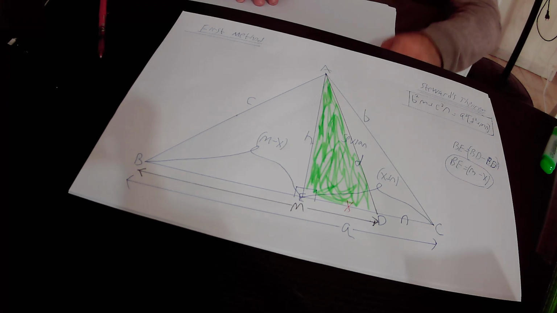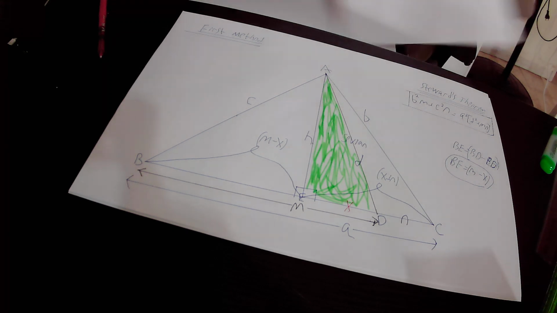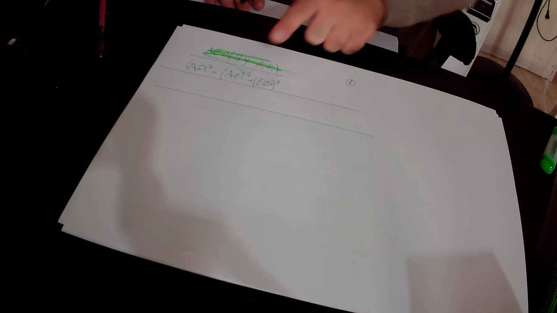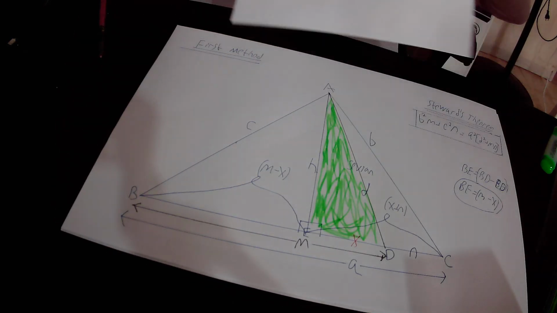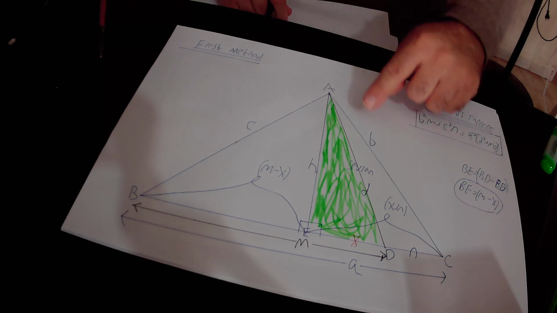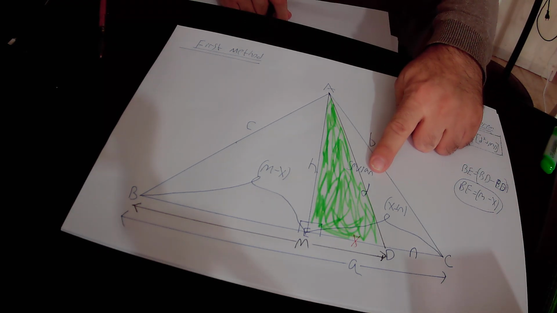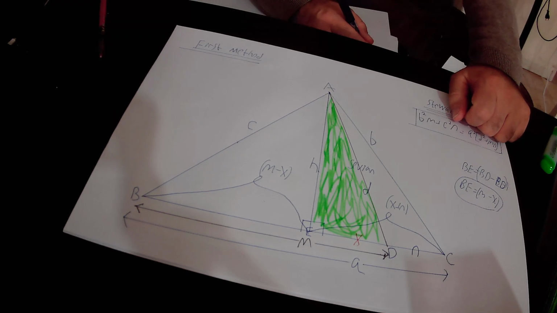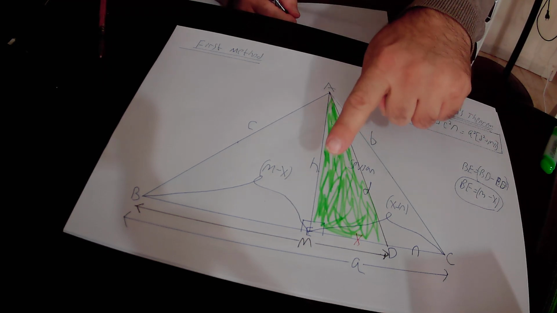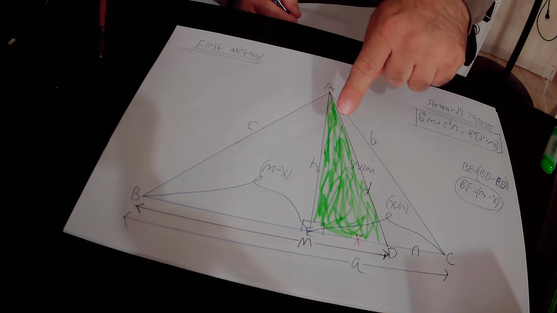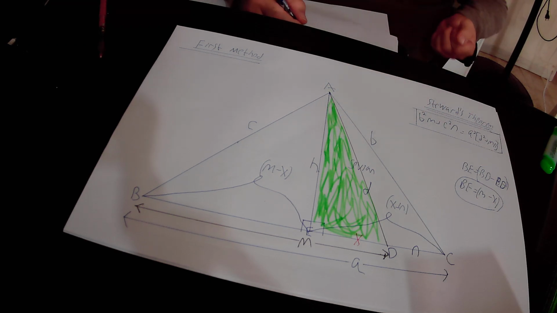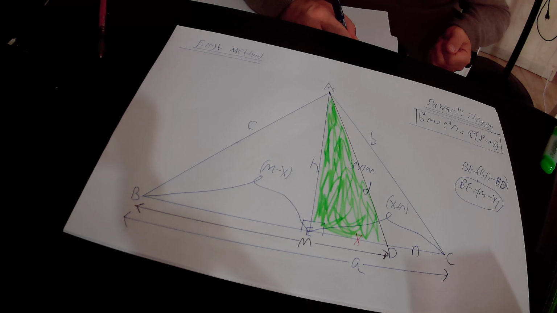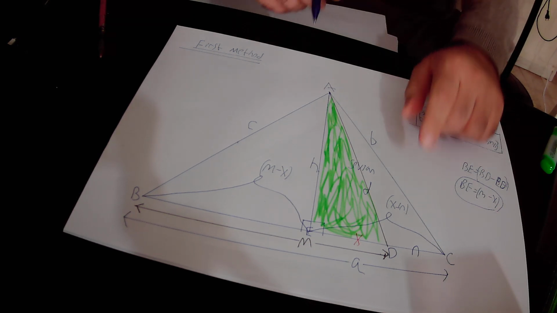Repeat again, according to the Pythagoras theorem, in the right green triangle AED, AD square equals AE square plus ED square. The hypotenuse AD equals D units in its length, therefore AD square is D square. AE equals H units in its length, therefore AE square is H square, plus ED square.